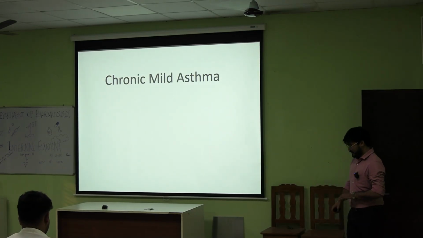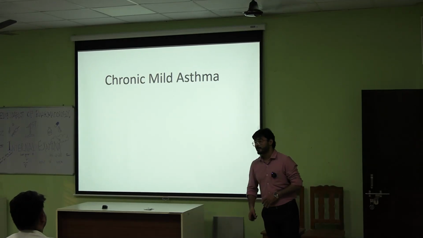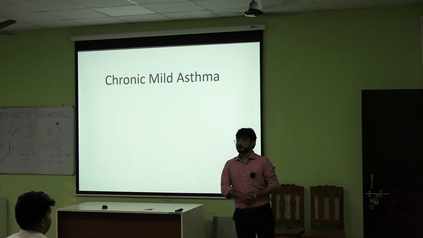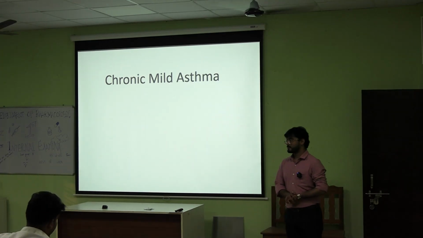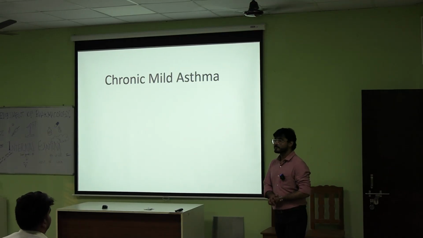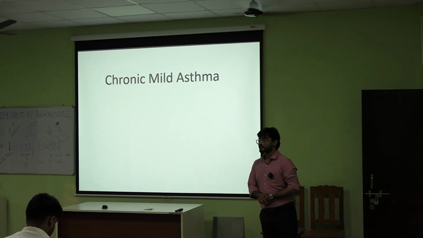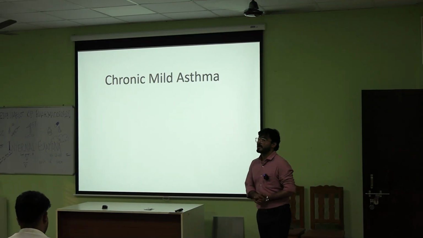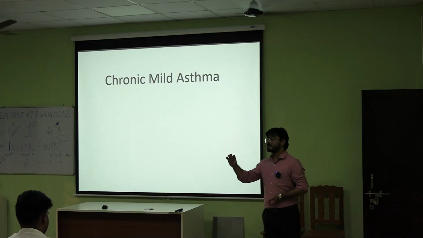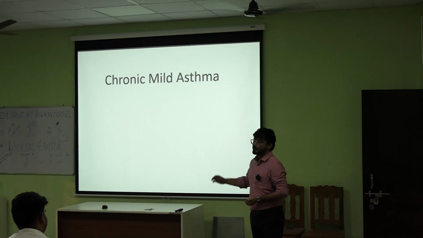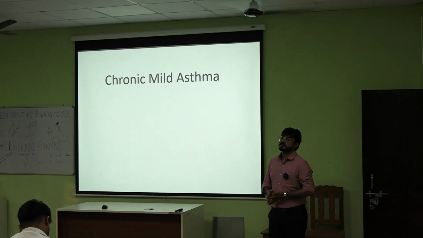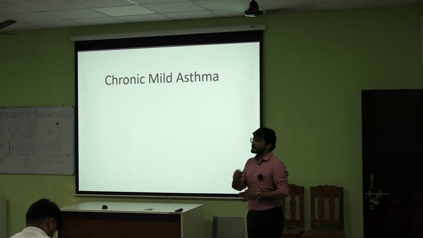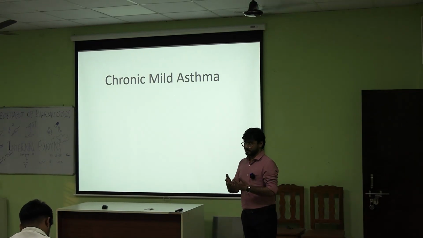Now, last case is chronic mild asthma. So, do you know what is chronic mild asthma? Chronic भी है, mild भी है. Okay. Whenever you get this question, chronic mild, read it like persistent mild asthma, ठीक है? Now, what is persistent? Persistence means you will get the attack of asthma twice in a week, but it should not be repeated, ठीक है?